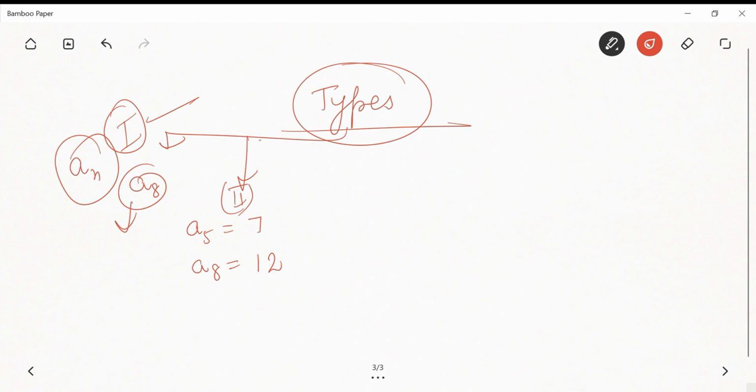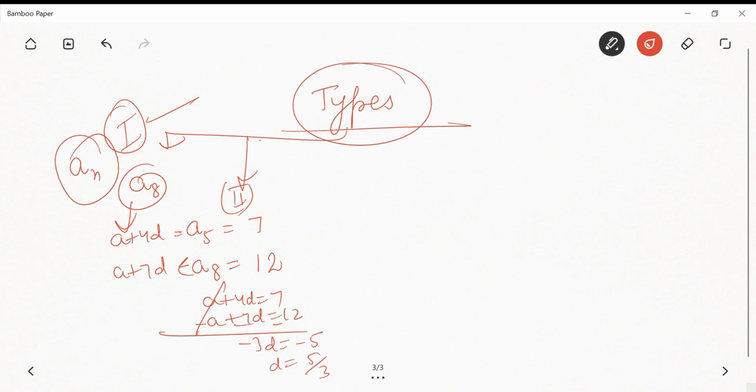We know that a5 is a plus 4d, so a plus 4d is equal to 7, and a8 can be written as a plus 7d, so a plus 7d is equal to 12. Now we will use the elimination method. a cancels out, 4 minus 7 is minus 3d, and here we will get minus 5. So d is 5 by 3.